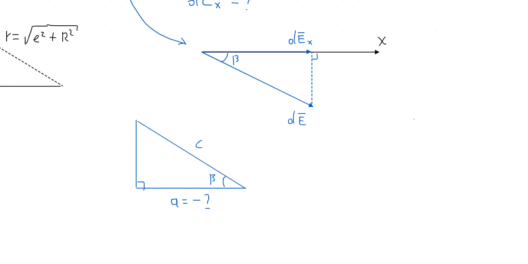So we have hypotenuse C. We have this angle beta, but it is necessary to find this side A.